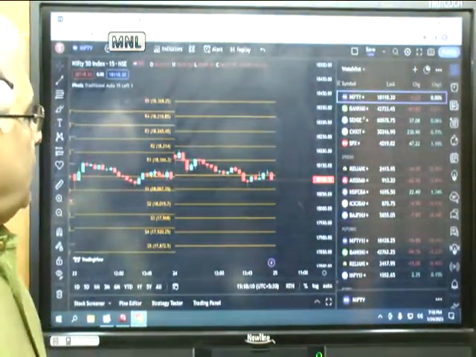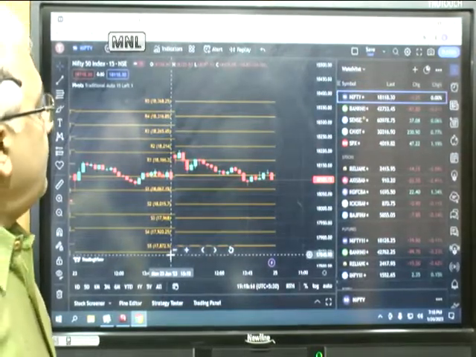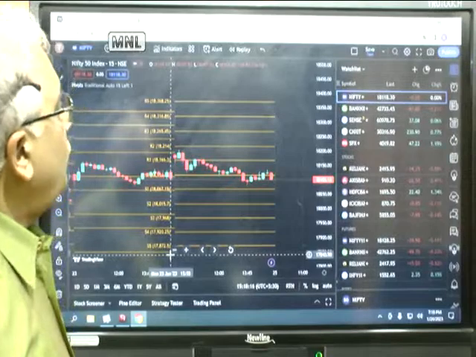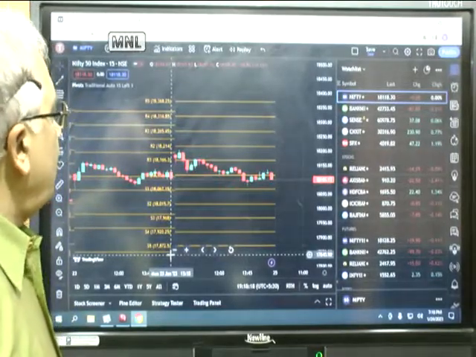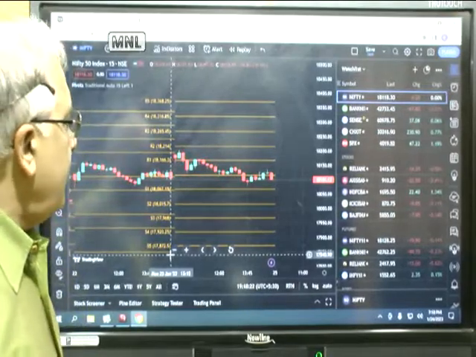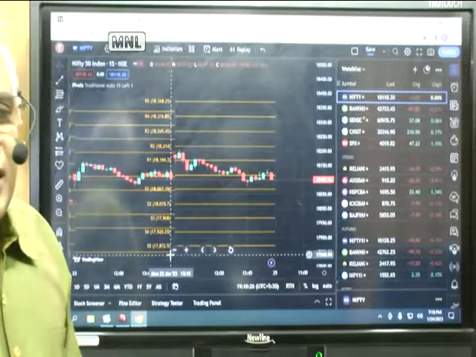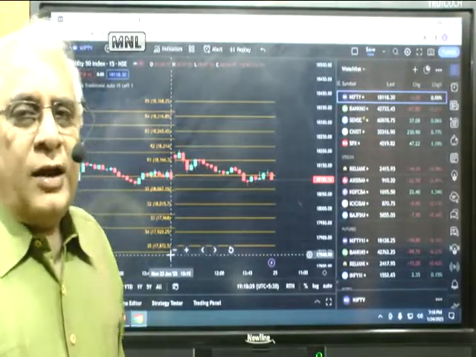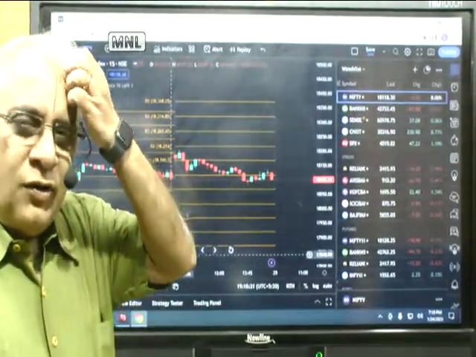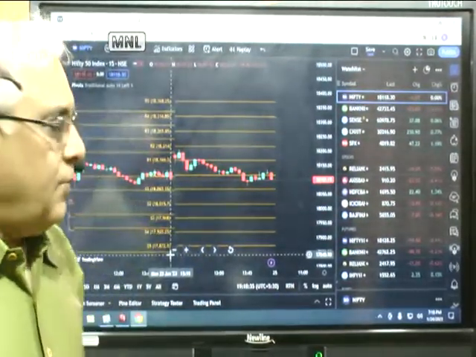Yesterday's close, if you look at it, is at around 18,104. It is below the PP. Since it is below the PP of the day, you know that R1 should be a natural resistance. That is 18,165 to 166 should be the expected resistance area.